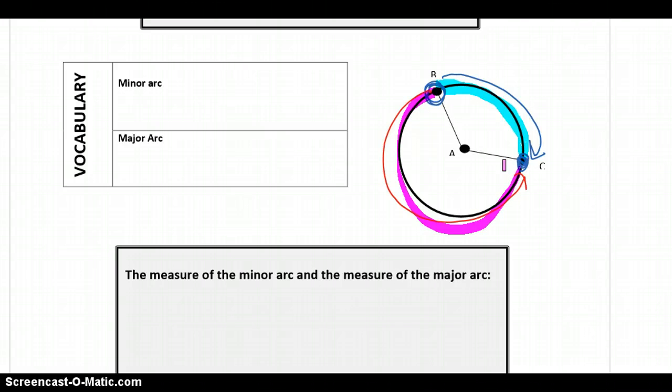We describe these as arcs of the circle. It's a part of the curve. The minor arc is the shorter distance. So on this circle, we would label that as the arc BC. It is the shorter distance around the circle.